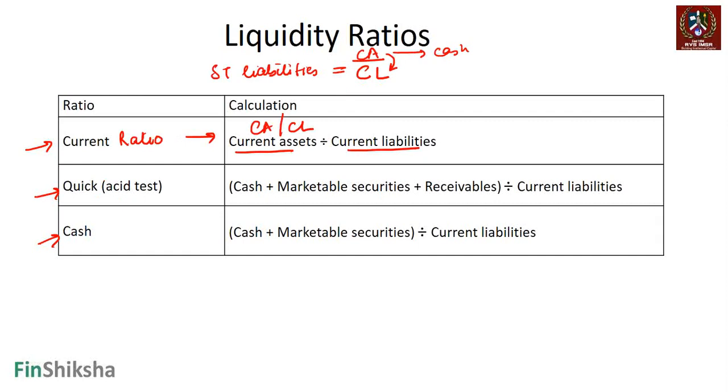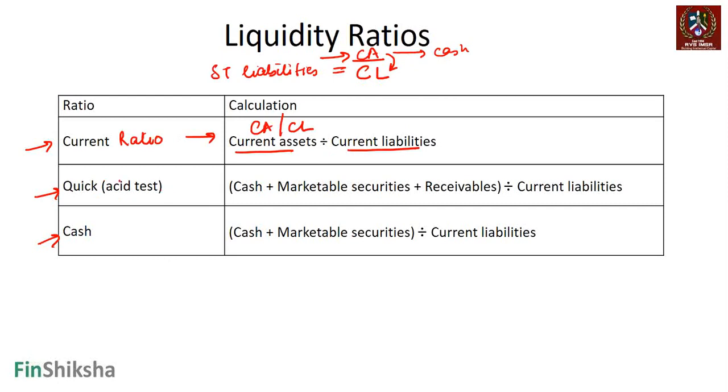So the question we are asking is that if all the current liability holders come to the company's doors today and say, please return our money, all the payables guys or all the short-term loans that we have taken, all these guys come out and say, please return our money to us. How does the company basically pay that money, right? For that, the company will need cash or assets that can be readily converted to cash. We treat current assets as those assets, and that's what the current ratio tells us, right?